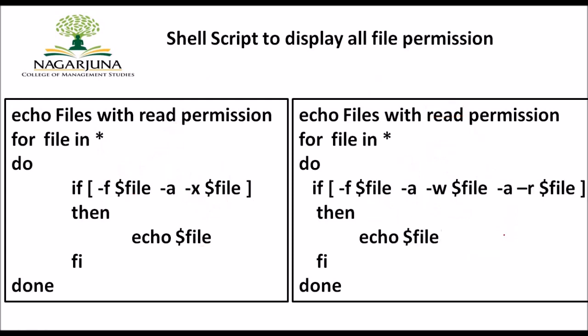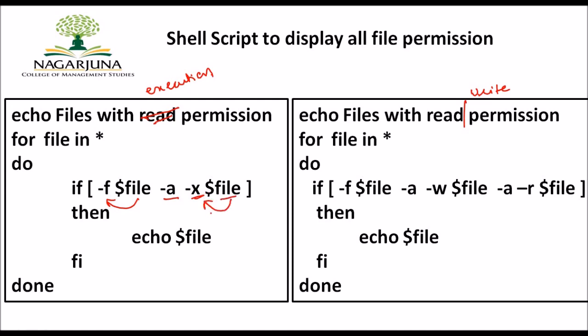Going forward, here this will be your execution check, to list out all the files which have an execution permission. Now, it's the same thing; the only difference is you have the option -x to check the execution permission. If the file exists, then check whether the file is given the execution permission or not.